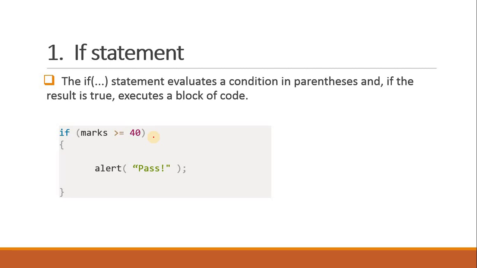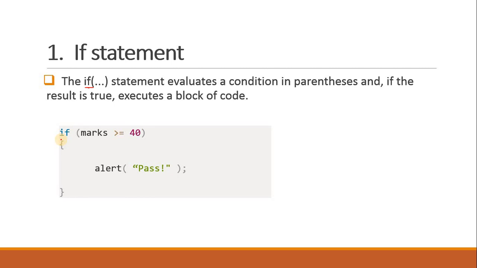So the first statement is called the if statement. As you can see, the syntax is we write the if keyword, then inside the brackets of if, we write the condition. The if statement evaluates the condition in the parentheses, and if the condition is true, then the block gets executed.